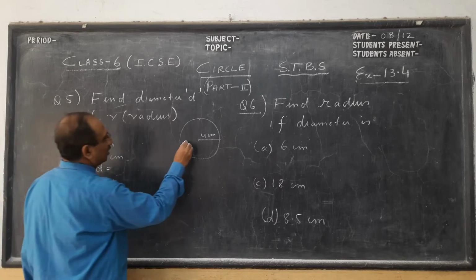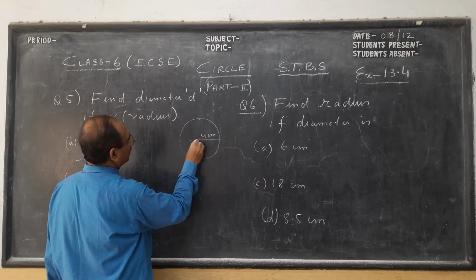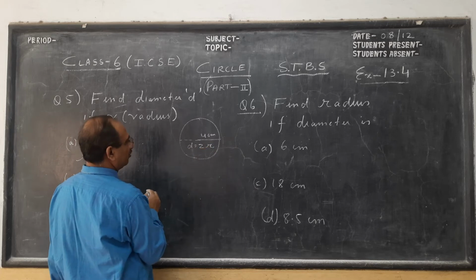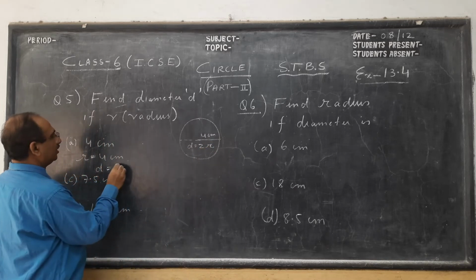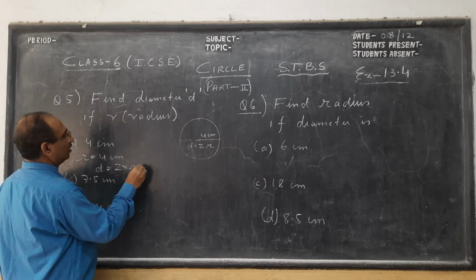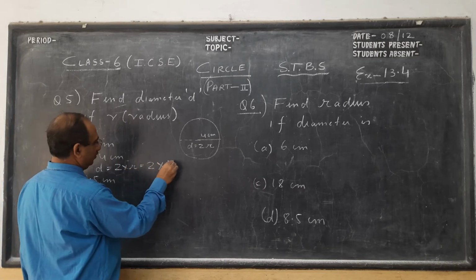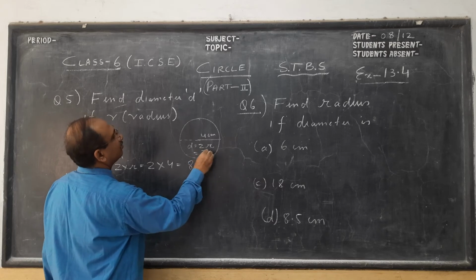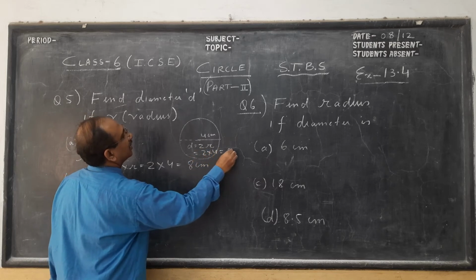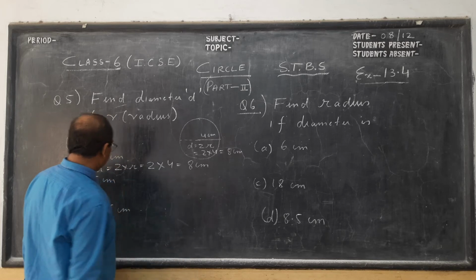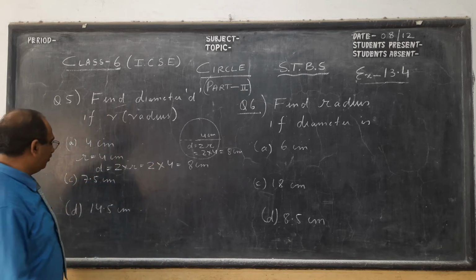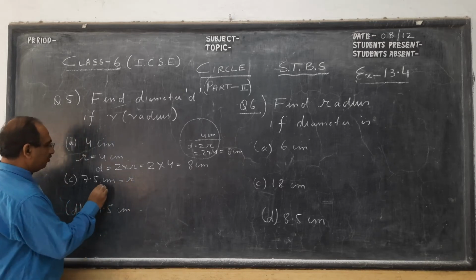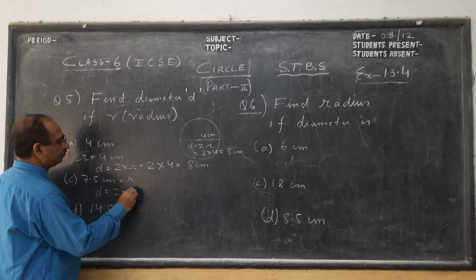Diameter D is twice R, I've explained to you this before. So diameter will be 2 into R, 2 into 4, and diameter will be 8 centimeter. So if radius is 4, diameter is 2R.